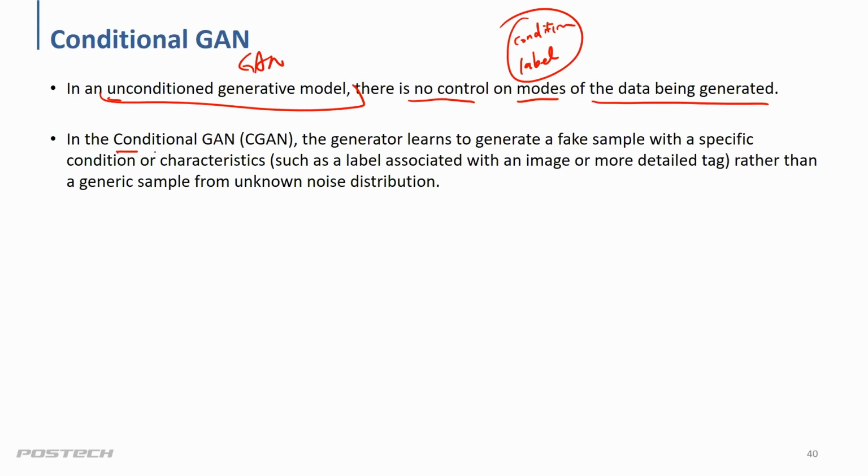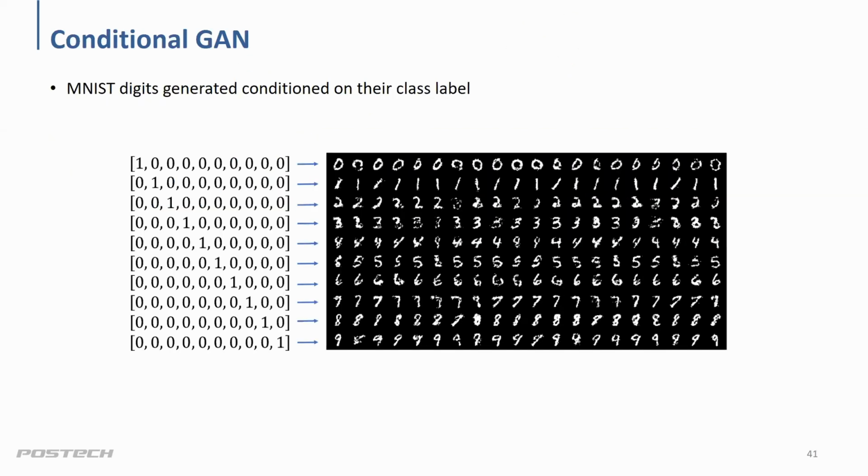But on the other hand, with a conditional GAN or CGAN, the generator learns to generate fake samples with specific conditions or characteristics, rather than generic samples from unknown noise distributions. So these will be conditions, and as you can see, they are one-hot encodings.